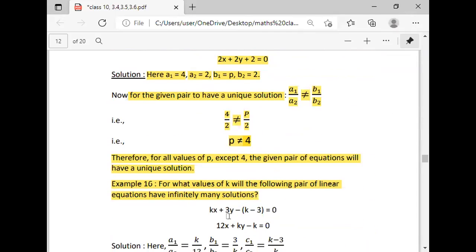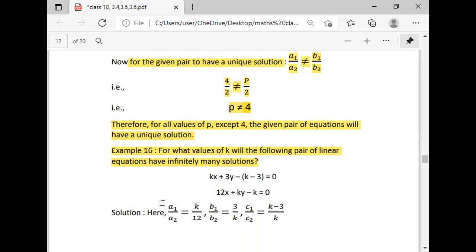You are given these two equations. And again, our aim is not to find the solution, but to find the value of K. So we are going to find A1 by A2, which is the coefficient of X in the first equation, that is K, divided by the coefficient of X in the second equation, which is 12.